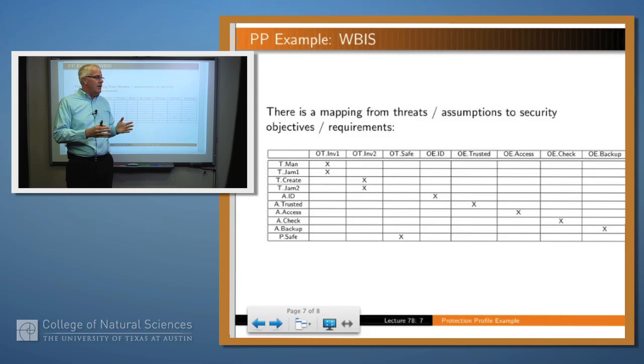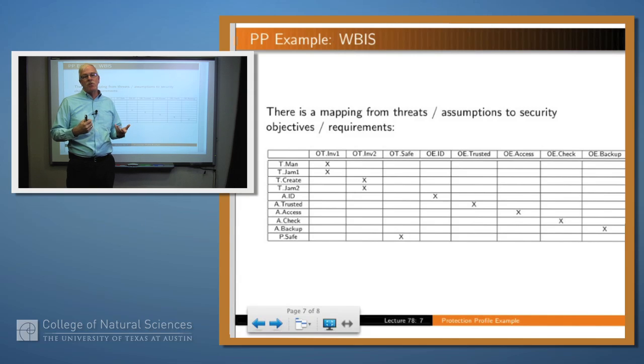The idea is that if you fill in this matrix with a security objective or requirement designed to counter a threat or fulfill an objective, and every row in this table has an X in it somewhere, then you know that you've thought about this carefully enough such that all of the threats actually have some corresponding mechanism to counter them, and all of the assumptions actually have some mechanism within the system which validates the assumption.